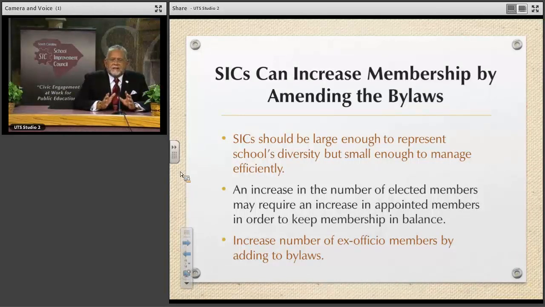And if your SIC wants to increase the number of ex officio members, it can do so simply by listing them in the local bylaws. Regardless of how many members your SIC decides to have, the number of each type of member should always be listed in the bylaws.